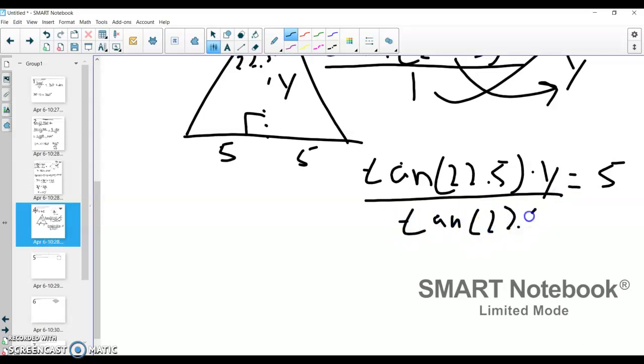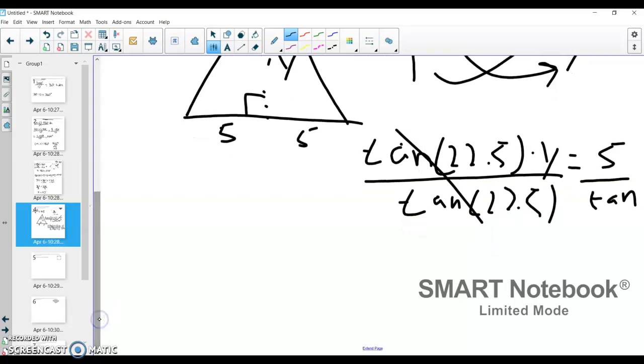Tangent of 22.5. And the same thing divided over here. I'm just going to put tan because I'm going to run out of room. So my tangent cancels, and what I end up getting is y equals, and I need my calculator for this, y equals 5 divided by the tangent of 22.5, and that gives me a height of 12.07 centimeters.